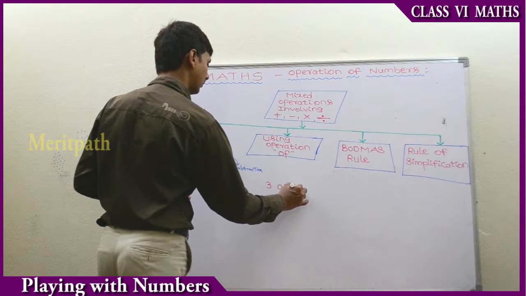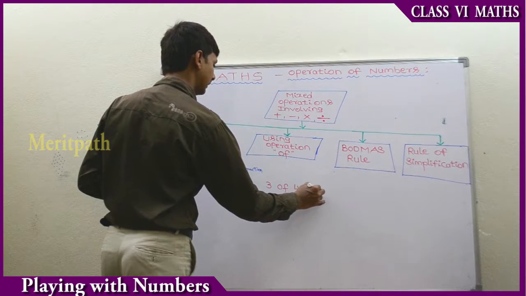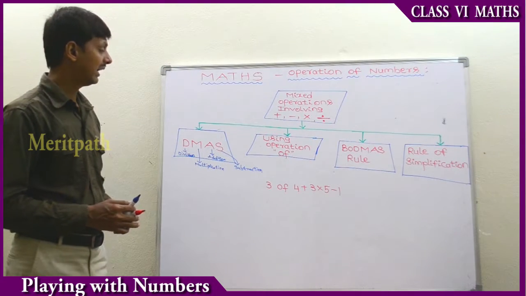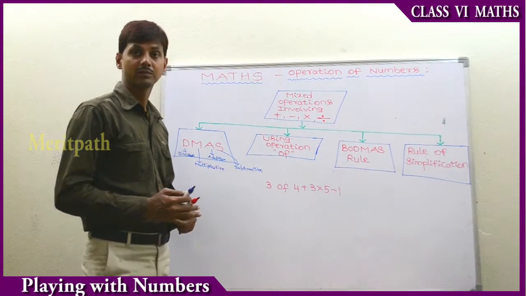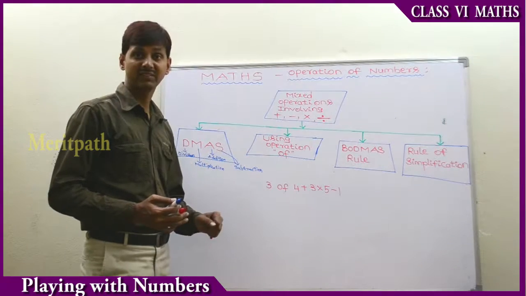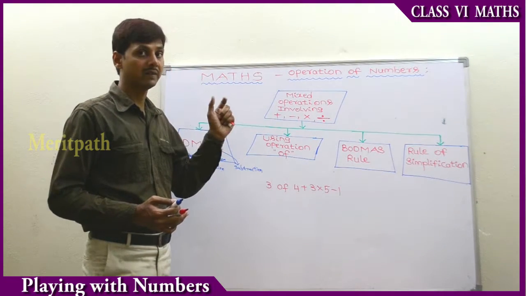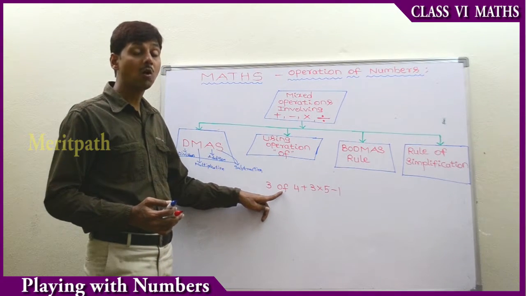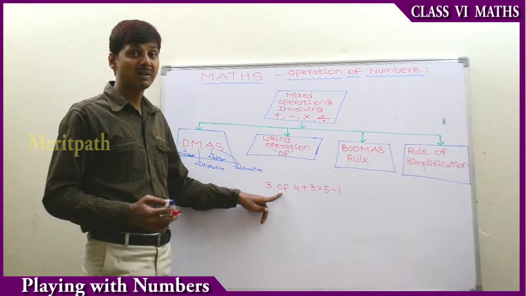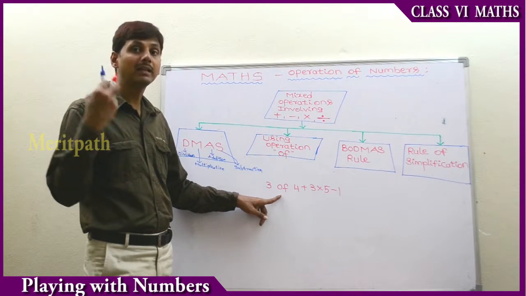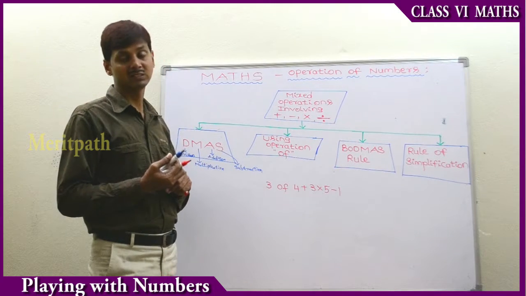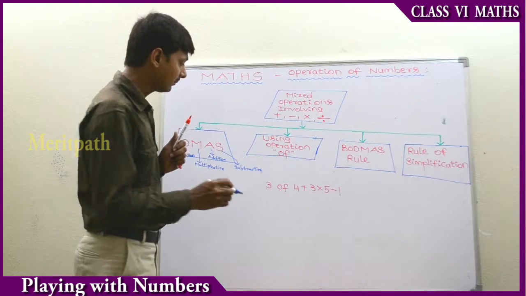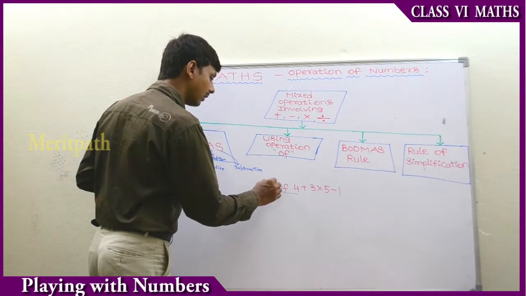3 of 4 plus 3 into 5 minus 1. So in this question, whenever 3 of is given, and the word 'of' is given, we need to simplify the 'of' first, take out the 'of' and write a multiplication symbol in that place, and then simplify according to the DMAS rule, the same as before. So first, whenever 'of' is given we need to simplify the 'of'.